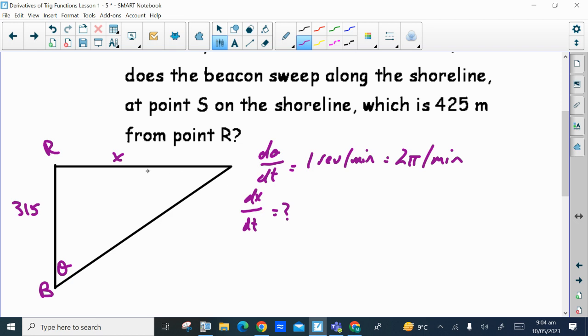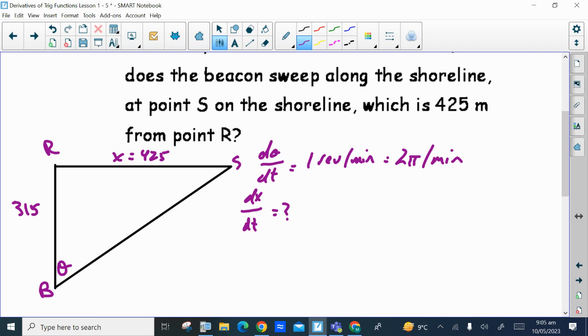So if we say that this is S there, it's going to be at the moment when x is 425. But x is changing, right? It's not a constant. We want to find out what dx by dt is at the moment when x is 425. The 315 is a constant, though, that doesn't change.